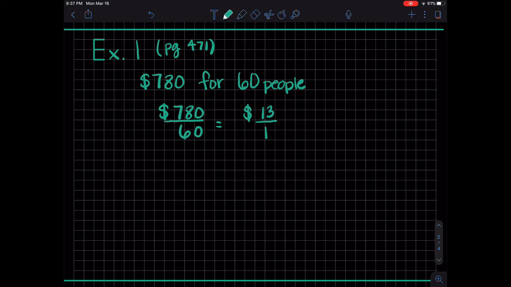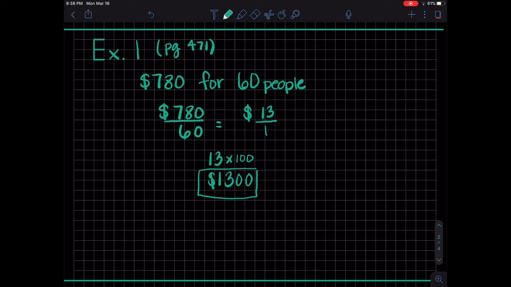With this rate, we could get the price for any number of guests. In this case, the problem is asking for 100 guests. 13 times 100 is $1,300. So Ellen is going to be charging her client $1,300.